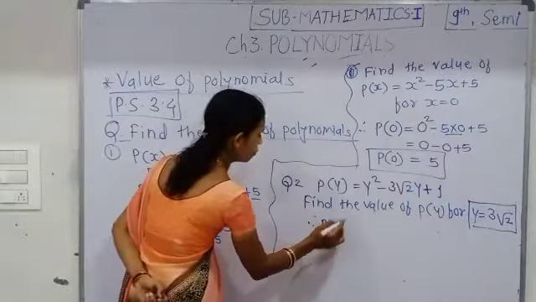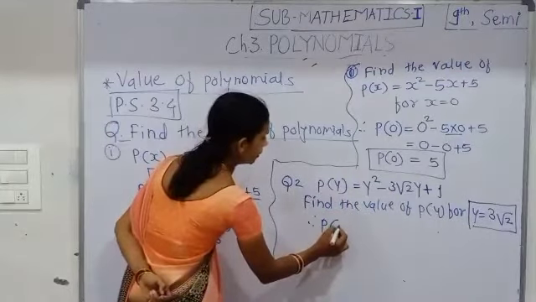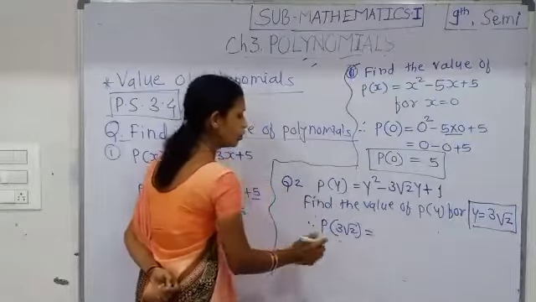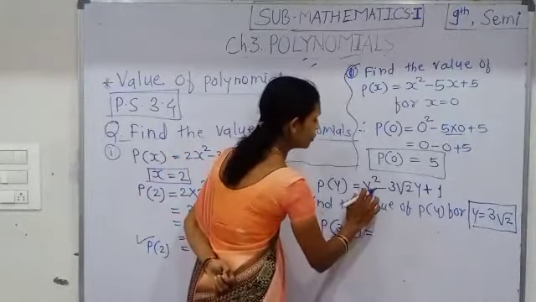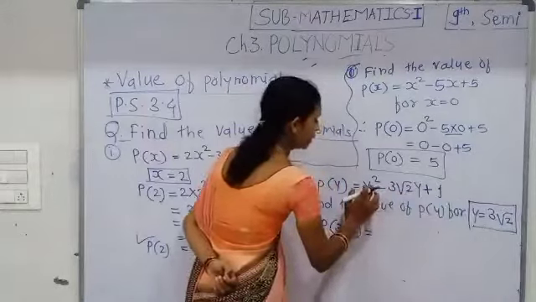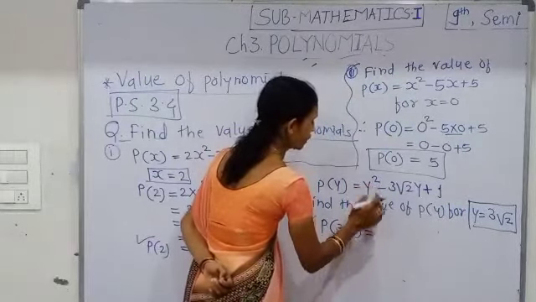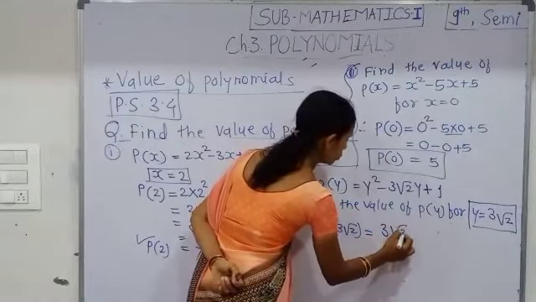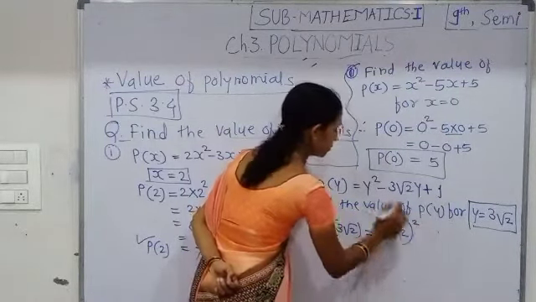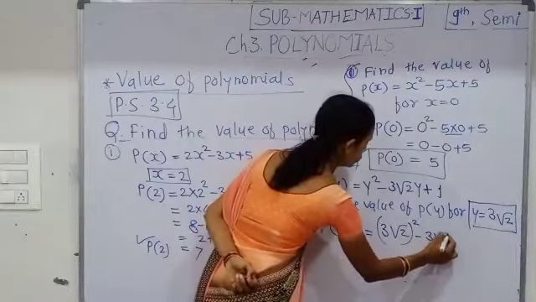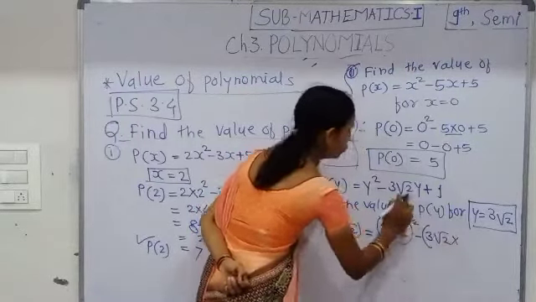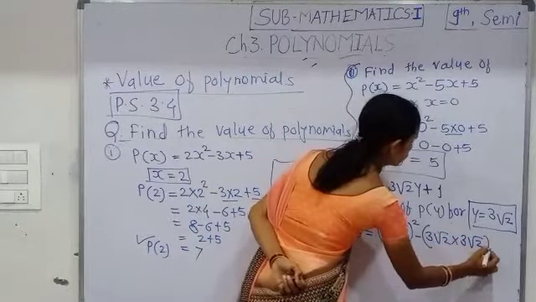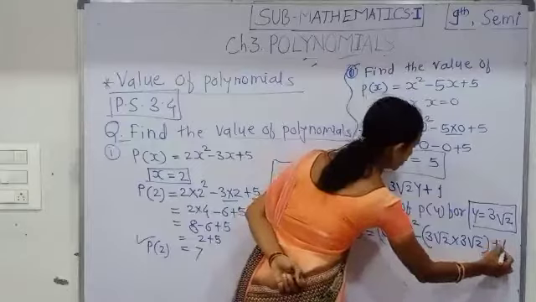Therefore p(3 root 2) is the value of that polynomial, and we have to put the value of y in this polynomial. Therefore y square is there, so (3 root 2) square minus 3 root 2 into y, the value of y is 3 root 2, and plus 1 is there.